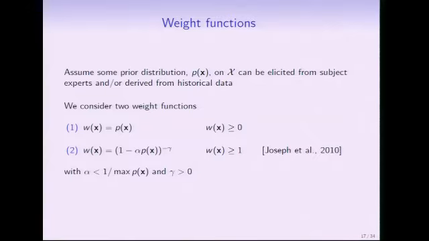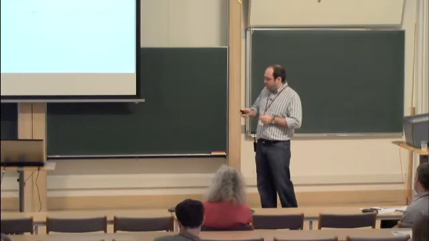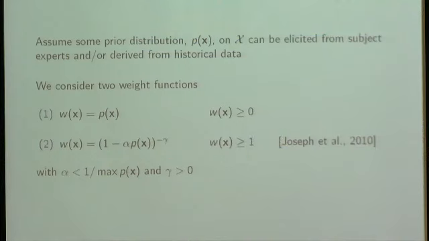And the weight functions we'll use in our examples: in each case we'll assume there is some prior distribution which has come either from historical data or from subject experts about their interest in the design space. Then the two weight functions we'll consider: the first one just uses that prior distribution, and the second of these transforms the prior distribution with two tuning parameters, alpha and gamma.